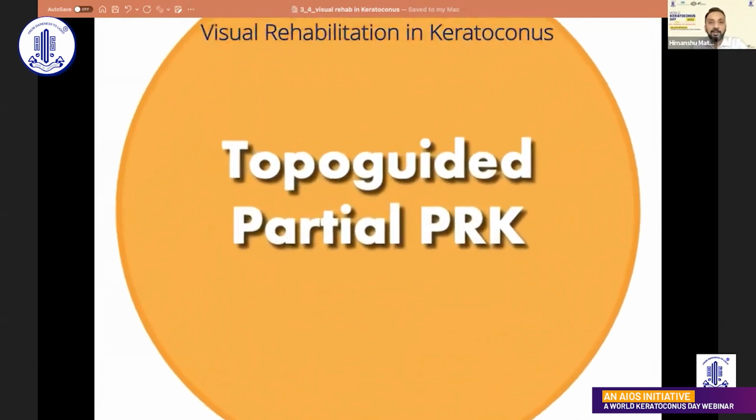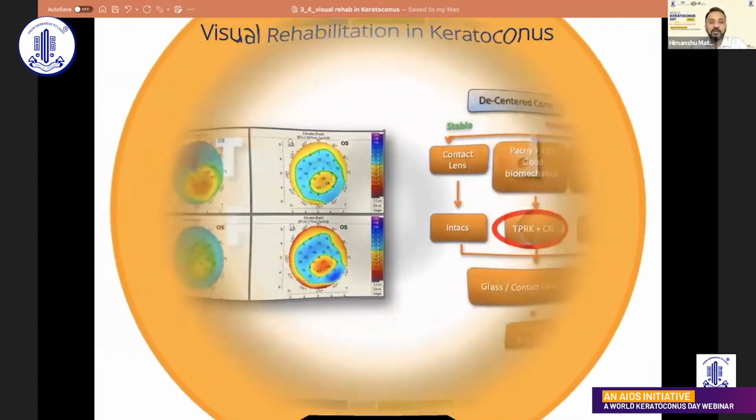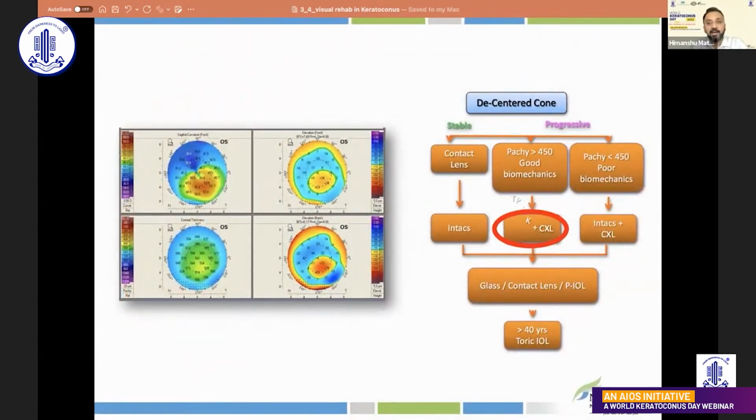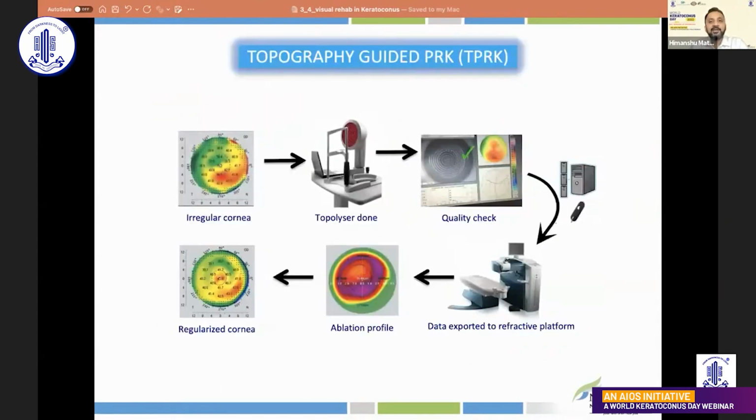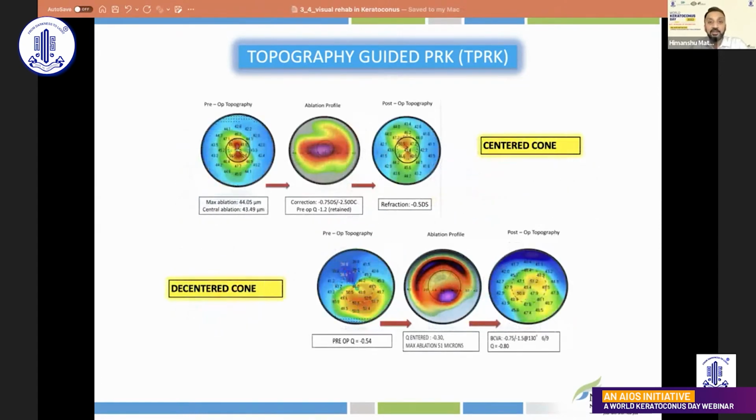Topo-guided partial PRK. Coming to corneas which are relatively irregular, we can regularize the cornea by treating with the Topolyzer and loading it to certain laser platforms, which can regularize the surface and make the cornea much better.